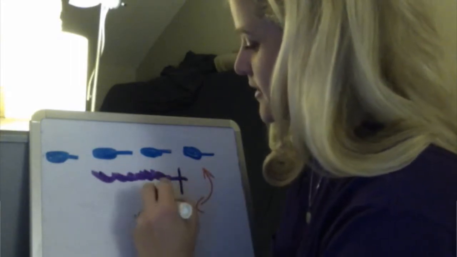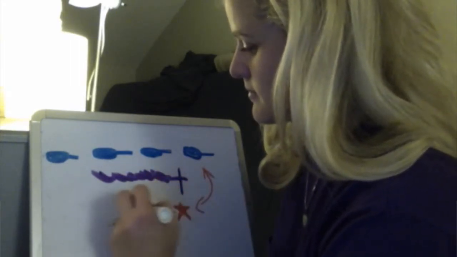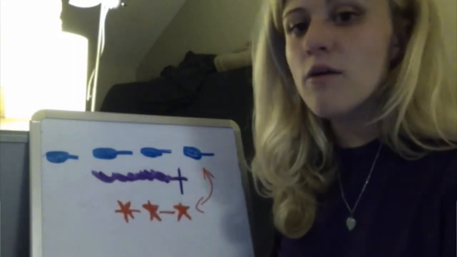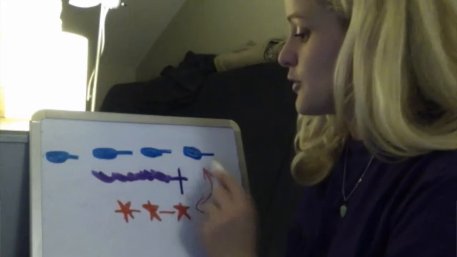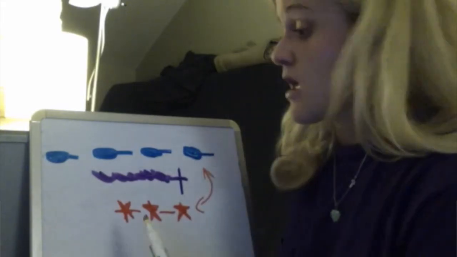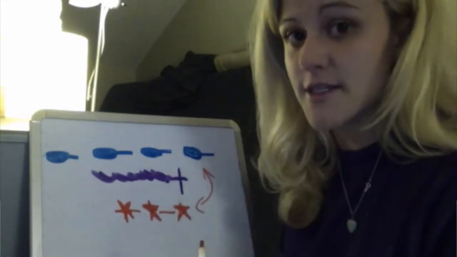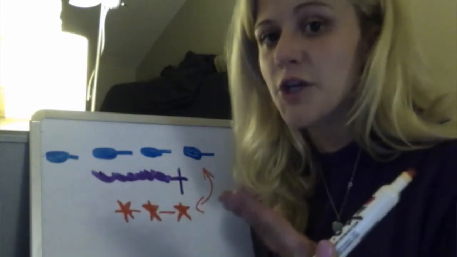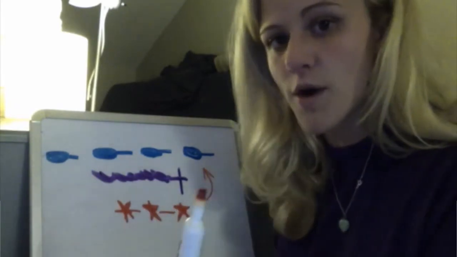I'll put them as stars to represent fructose. So now, when you change glucose to fructose, it tastes very sweet. High enough sweetness that it can be used as a replacement for actual sugar, even though it came from corn.